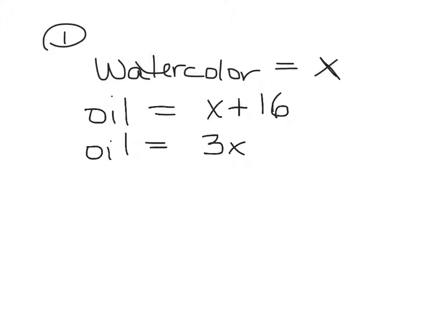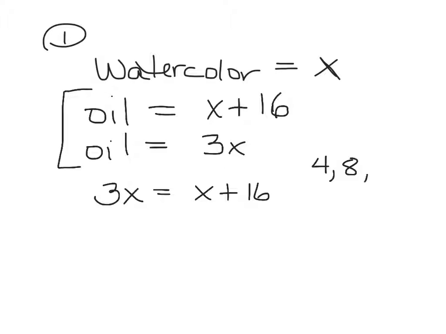So we're going to set this one up very similar to what we just did in number 10. Notice we have 2 expressions for the oil painting. So again, I'm going to set them equal to each other. And now I will take my domain values 4, 8, and 12 and start replacing.